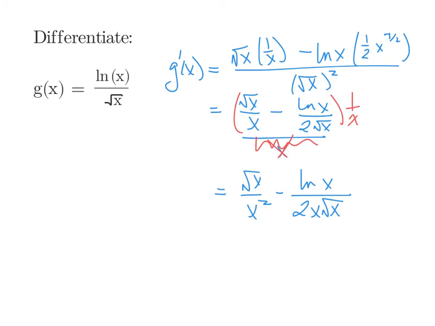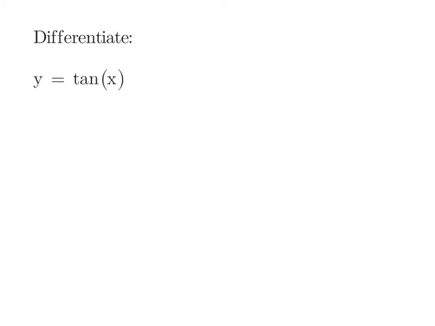We can also use the quotient rule to help us find derivatives of other trig functions. We know that the derivative of sine is cosine and the derivative of cosine is negative sine, but what about tangent? The important thing is to look at tangent as a quotient. Tangent is sine over cosine.